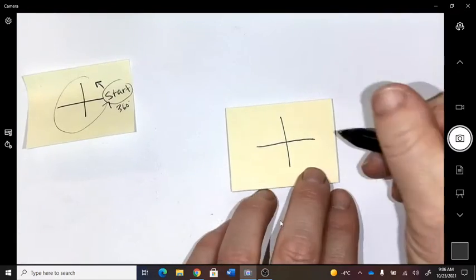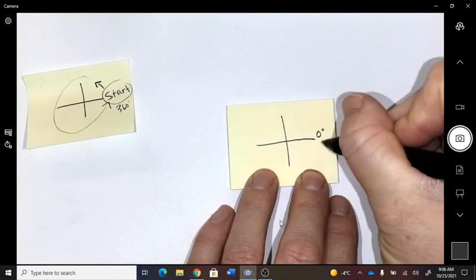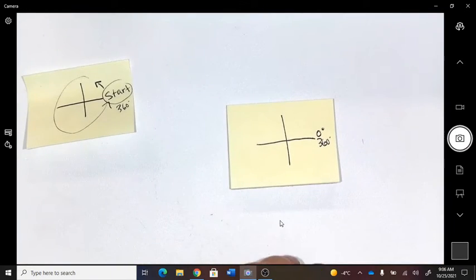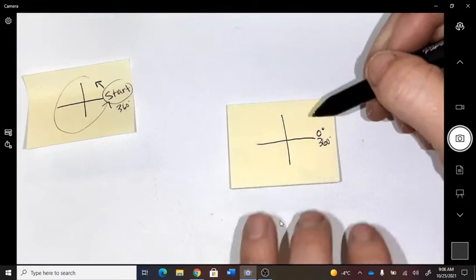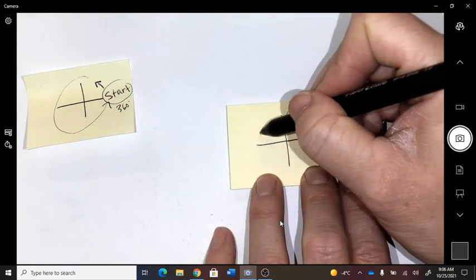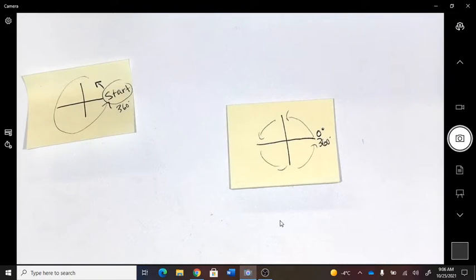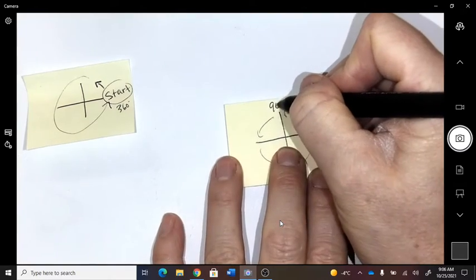So if I start here, this is 0. And if I end here, it's 360. A full circle. So could you break that into sections for me? What would you be at if you went to the top? 90.